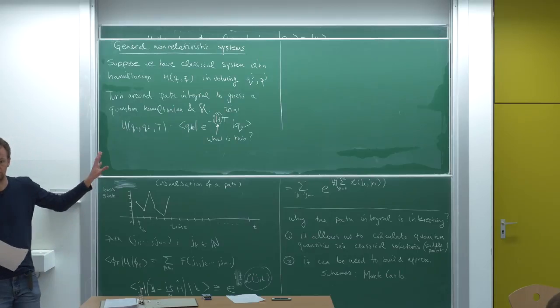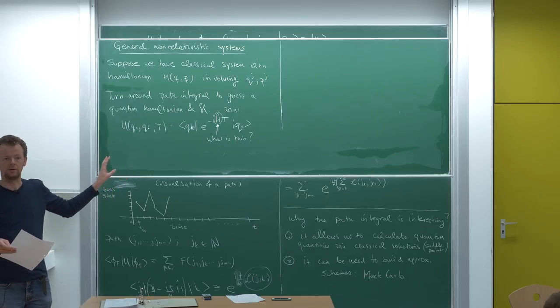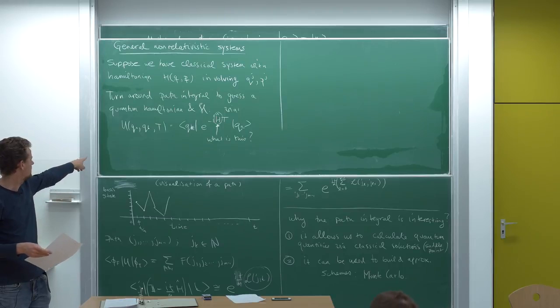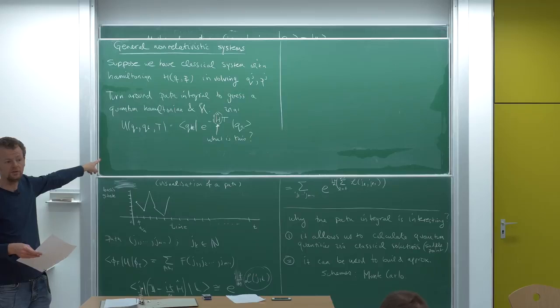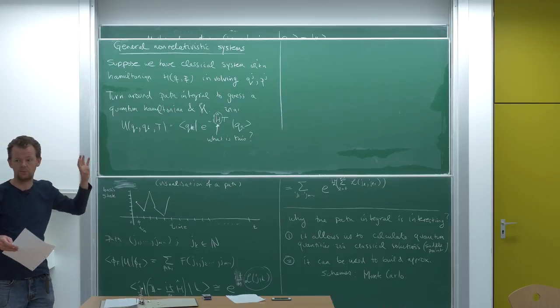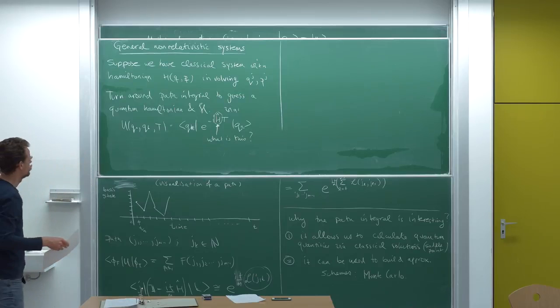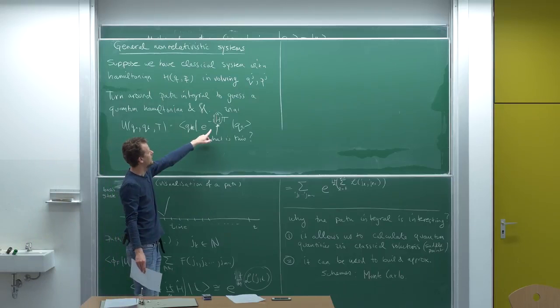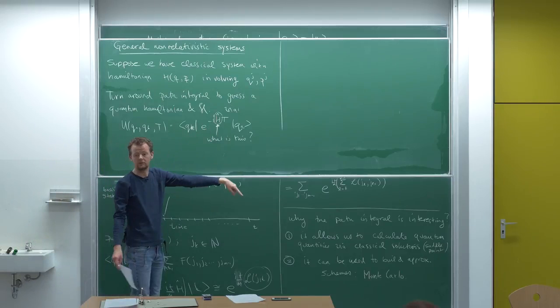We're going to turn the logic around. We're going to start with the classical Hamiltonian and try to find a quantum Hamiltonian that corresponds in some natural way to that classical Hamiltonian, and then via this path integral.